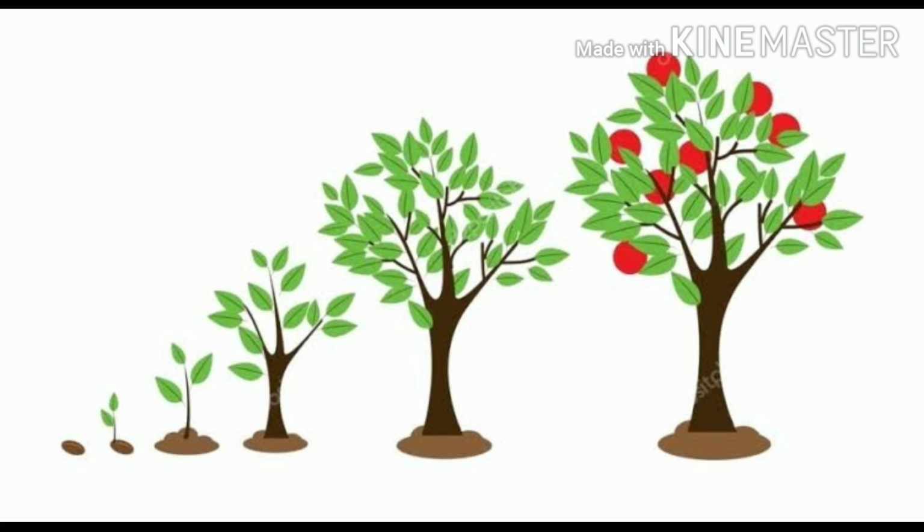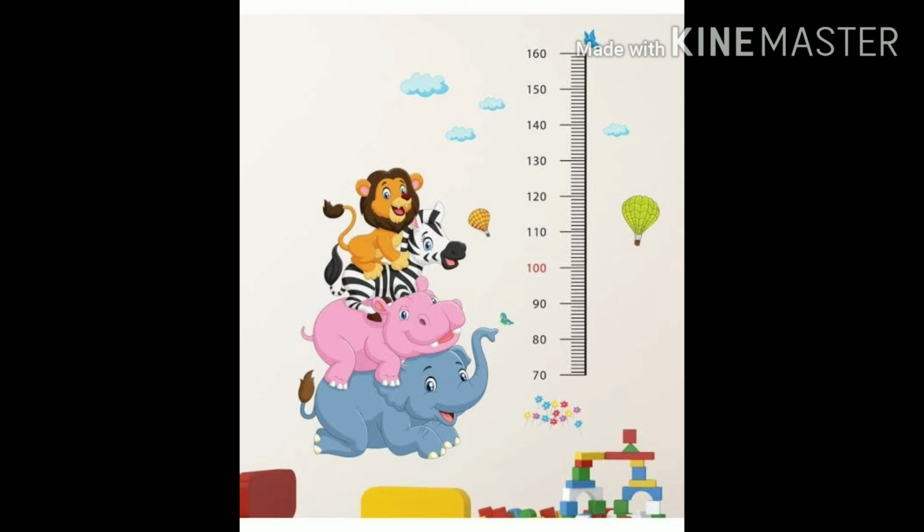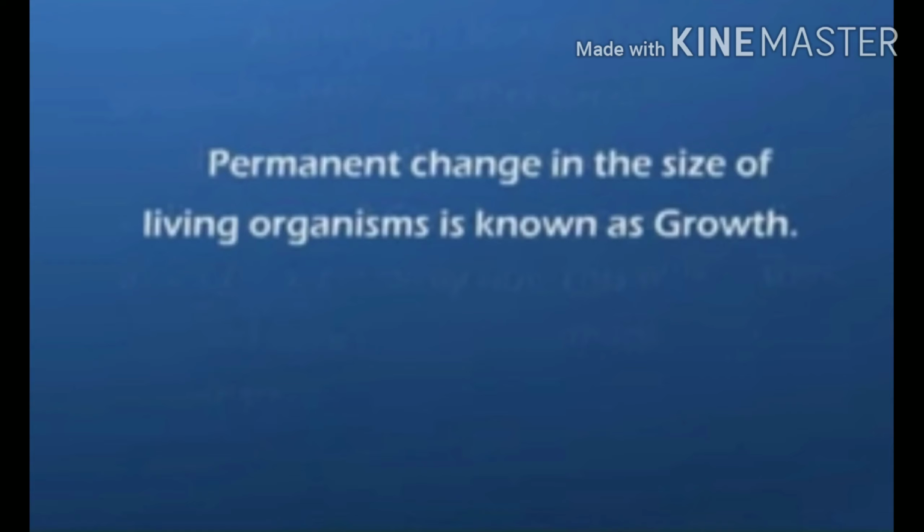A sapling grows into a tree, a chicken grows into a hen, etc. After growing up, have you ever observed these living things or we humans become small again? No, certainly not. That means they have undergone a permanent change in size, height, weight, etc. This permanent change is known as growth.